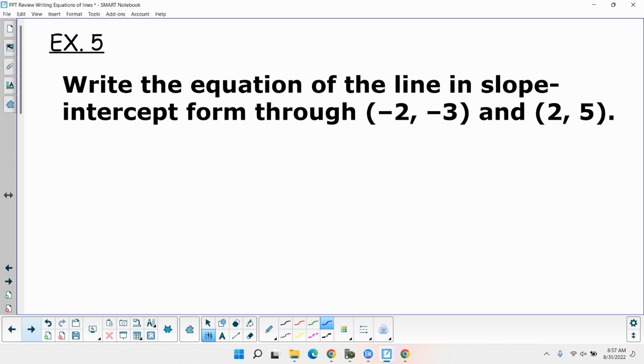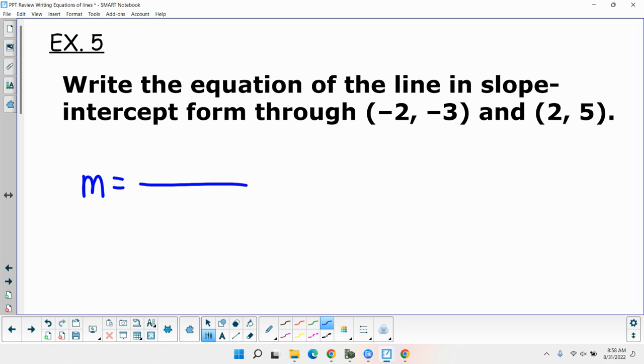What's the first step? Brendan, what'd you do first? I did y2 minus y1 over x2 minus x1. Good. Find the slope, right? Use the 2 points. It doesn't matter really what order you go in, but I usually make that the second one and that the first one.